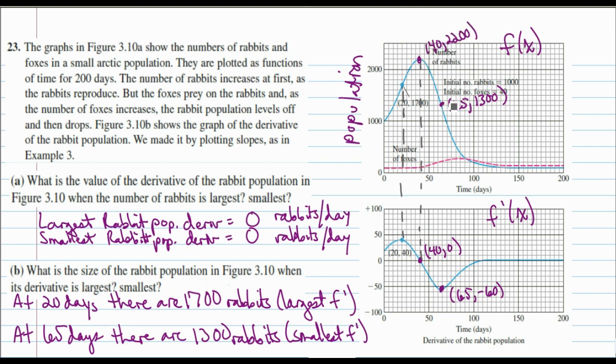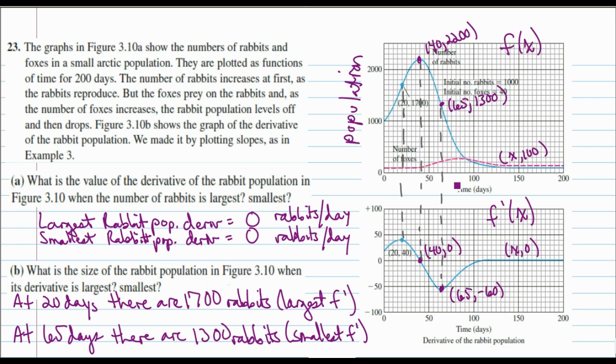At 65 days, we have about 1,300 rabbits, and those rabbits are decreasing at 60 rabbits per day. Then if we look out here as the rabbit population is leveling off, we have about 100 rabbits, but those rabbits are changing at 0 rabbits per day.